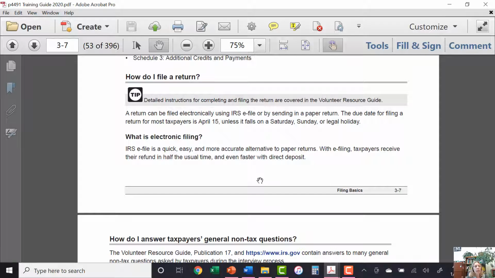So we prepare it like normal, and then when it says, would you like to e-file this? You say, no, I want to do a paper return, and it'll print out everything that needs to be printed out. Okay, and then the taxpayer takes it and they sign it and they mail it off themselves. We have to make sure that whenever we do a paper return, we print out 2 copies, one for them to file and one for them to keep.